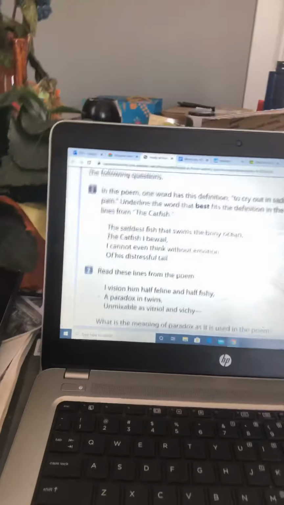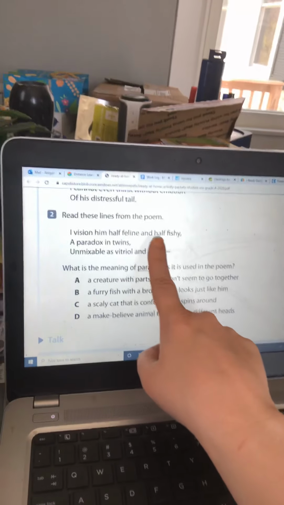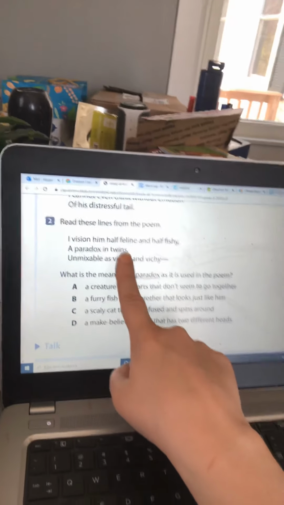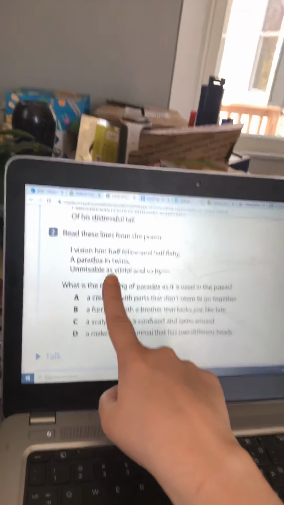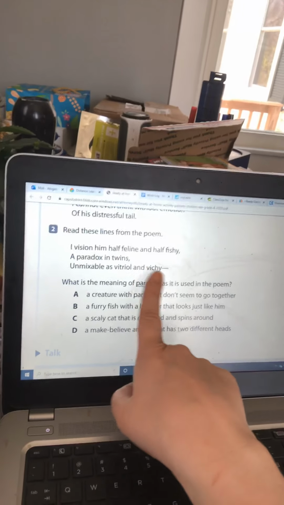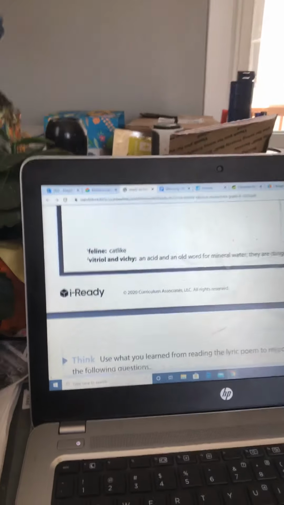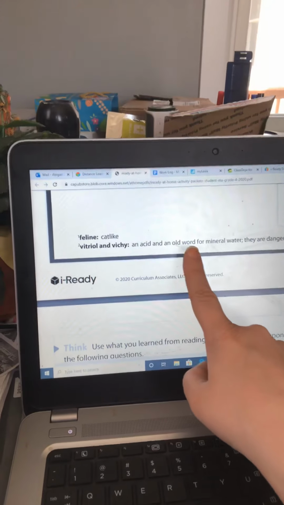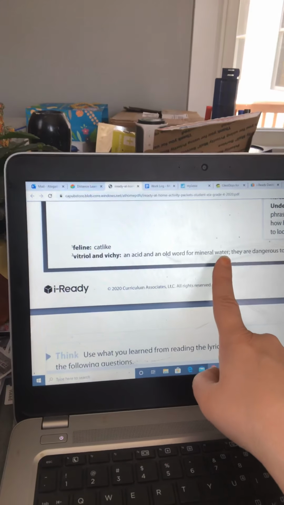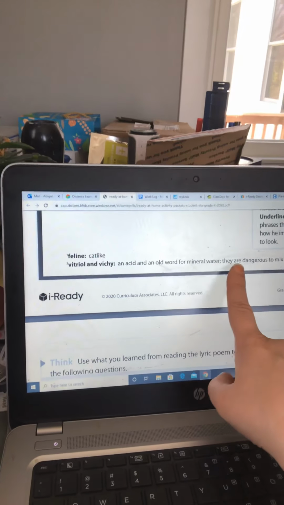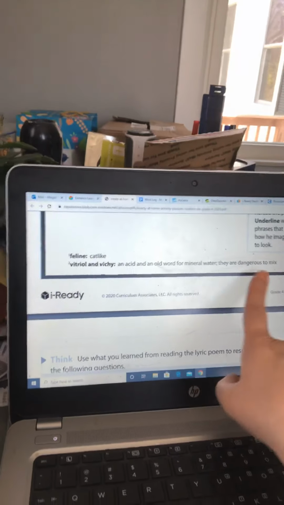Number 2, read the lines from the poem. I vision him half feline, half fishy, a paradox of twins, unmixable as vitriol and vichy. So it defined vitriol and vichy up here: an acid and an old word for mineral water. They're dangerous to mix.